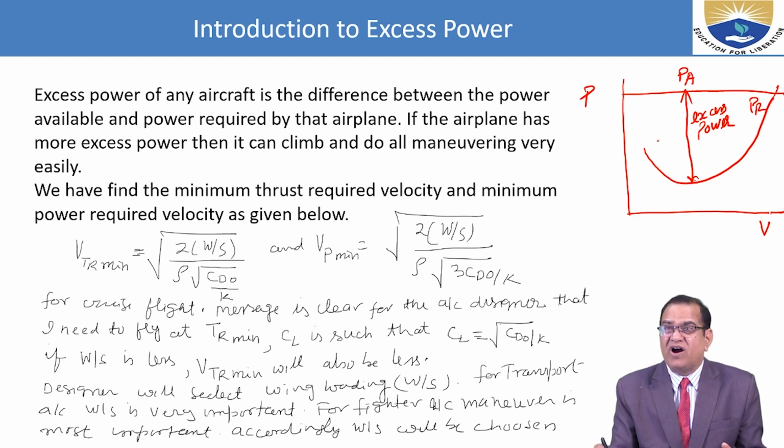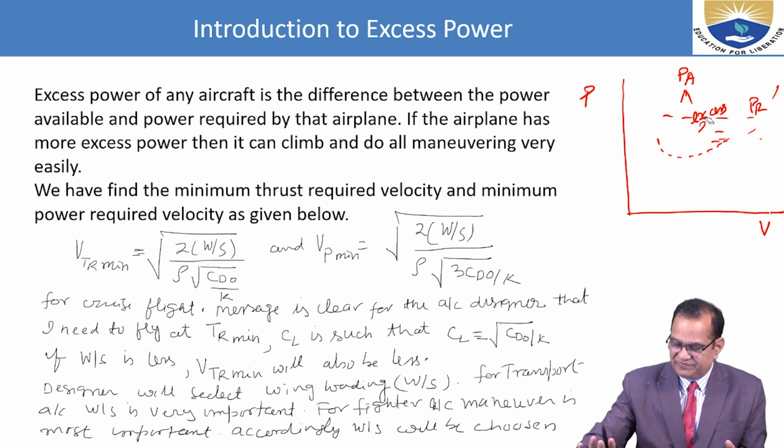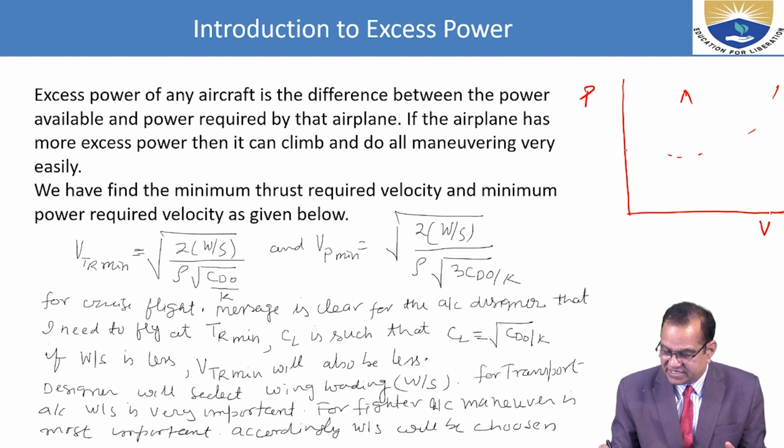As it is falling down like this, one situation will come where both will be the same. One situation may come that this is the power available as you go above in height, and you may get the power required like this.